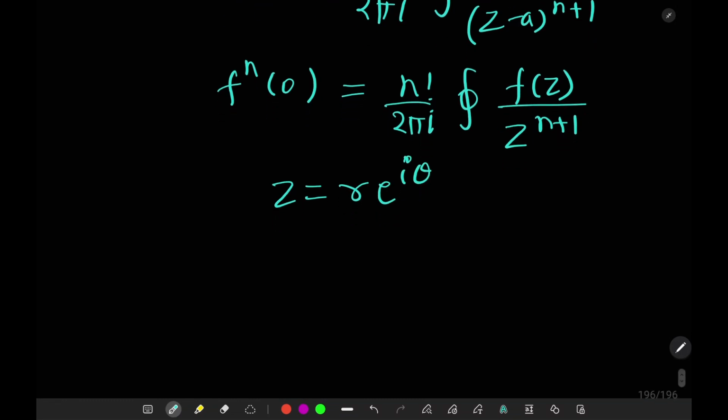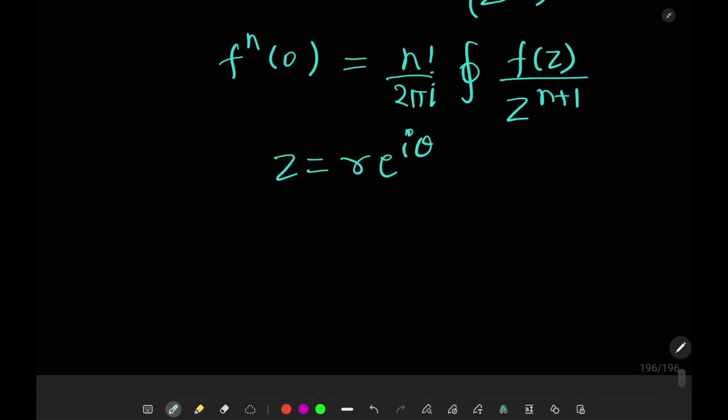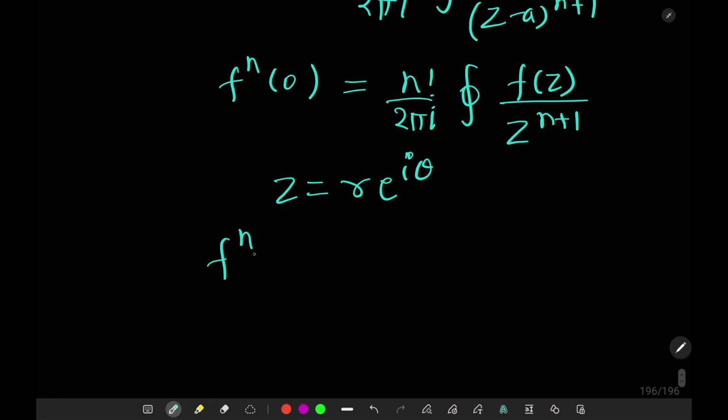As we know, this is a form of complex number. So using here, and if we differentiate, dz is equal to iota r e raised to power iota theta d theta.